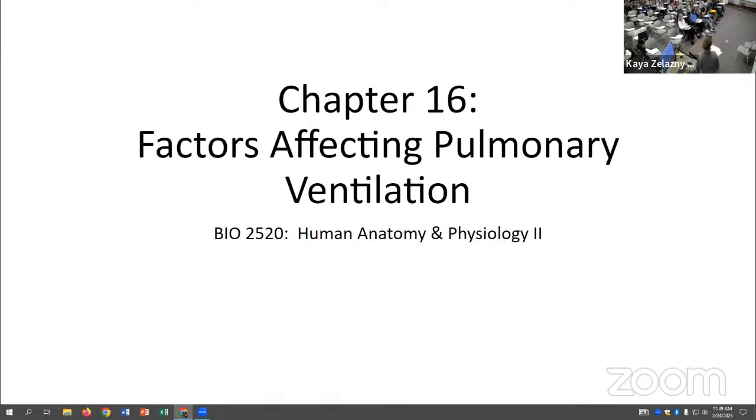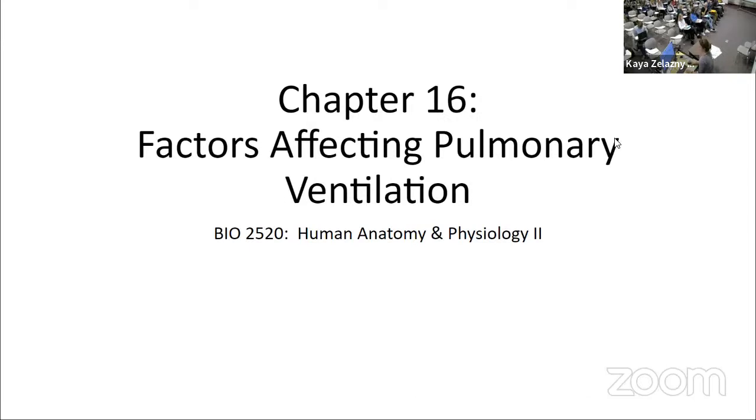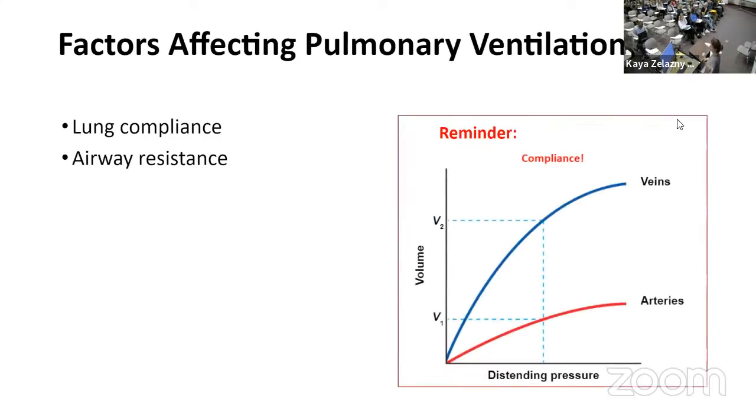Now we are going to think about some familiar words, compliance and resistance, and how they're affecting this process. Just a reminder, compliance and resistance, we spoke about a little bit as we spoke about the cardiovascular system, but these are just properties of the world. These are physics concepts, kind of. They're going to affect our lungs as well.